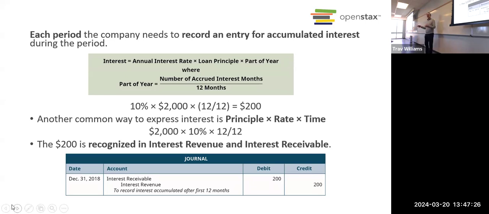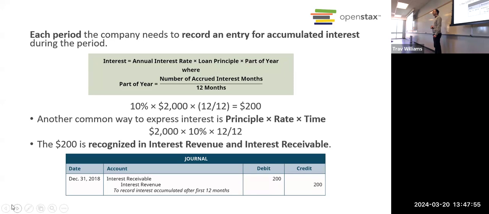So you could just skip that step. So if you want to know the interest for a year, you can just take the principal times the interest rate. You got it. But if it's for anything shorter or longer than a year, then what you would do, take the principal times the annual interest rate times the number of months you're charging interest for divided by 12.